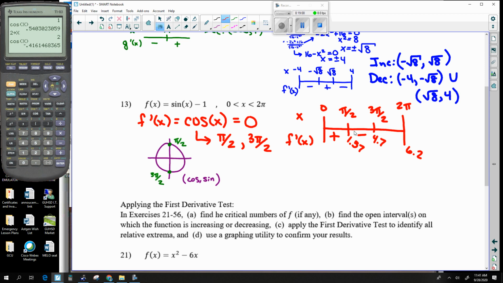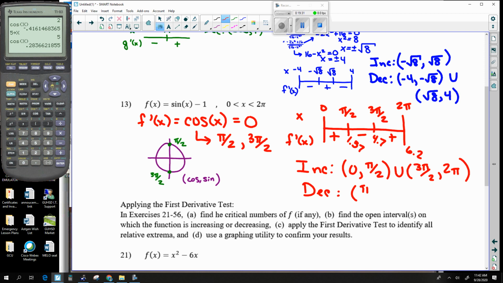Three pi over 2 to 2 pi should be positive, again just using the unit circle. So this is increasing from 0 to pi over 2, as well as 3 pi over 2 to 2 pi. This is decreasing from pi over 2 to 3 pi over 2.